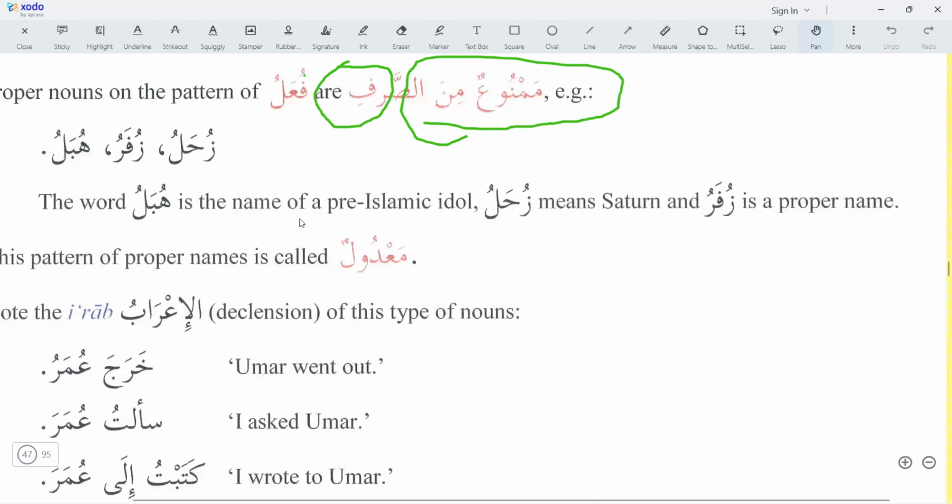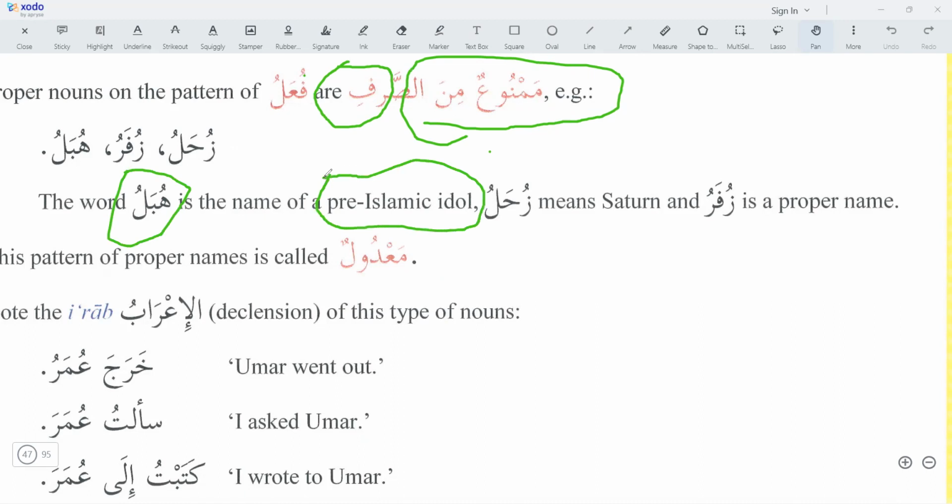Hubalu is a proper noun, the name of a pre-Islamic idol. Zuhalu means Saturn, and Zufaru is a proper noun.